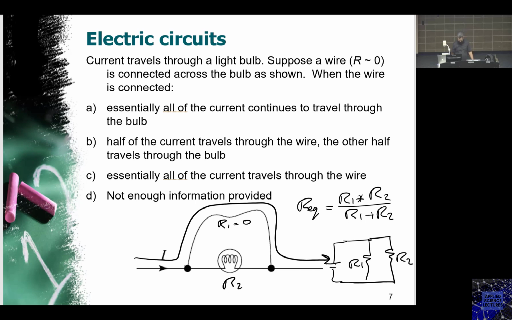In this case, if you apply this expression to find the equivalent resistance for this light bulb that has this wire in parallel, if you substitute R1 with 0, R equivalent right away is 0, which means that you have shortened out this light bulb. The light bulb's resistance does not contribute whatsoever to this equivalent resistance, which means it is as if it is completely out of the game.